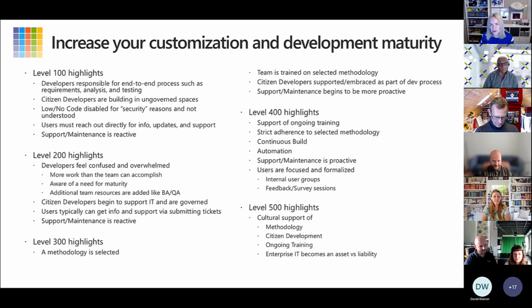But there are some really fundamental things that need to be in place to allow for maturity when it comes to customizing and developing. What you can see are some of the highlights that the team pulled together, which demonstrate the types of behaviours and activities that we typically see at the maturity levels within an organisation.